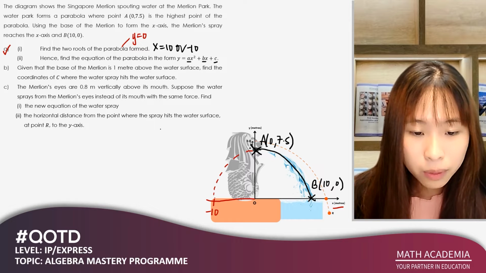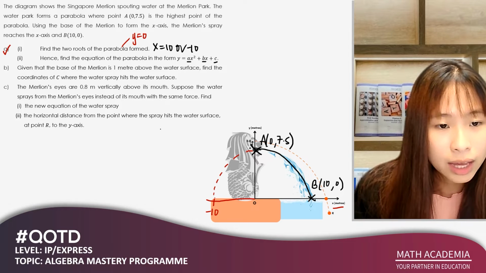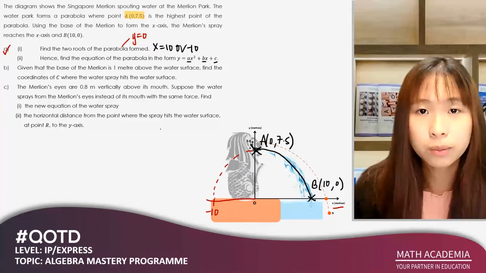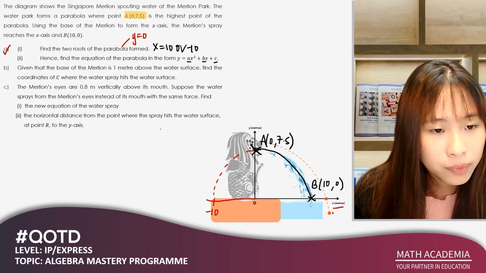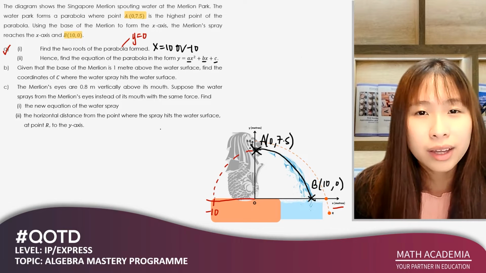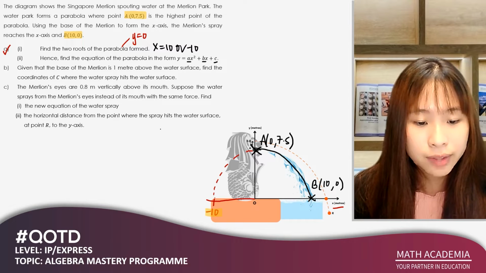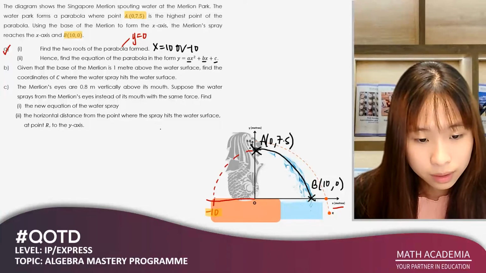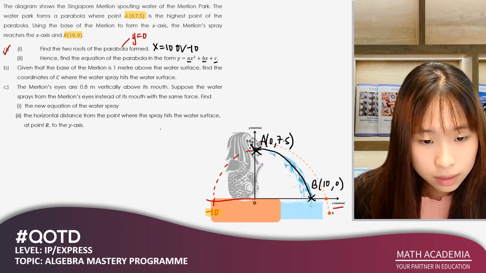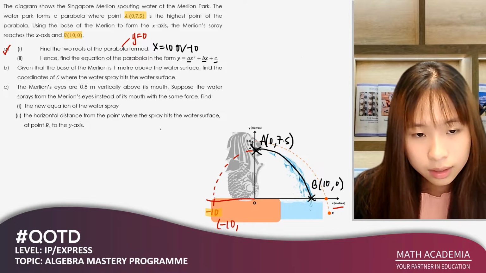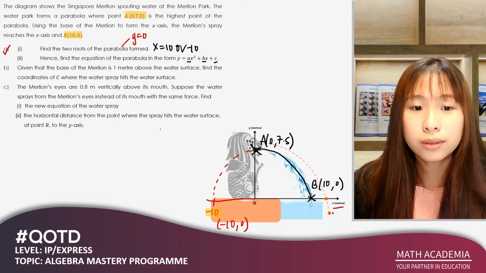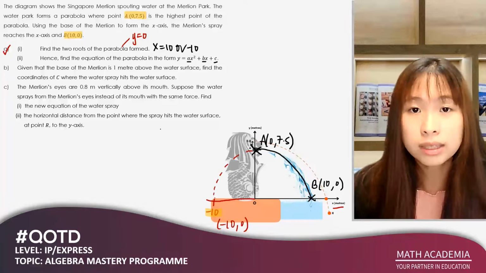Let me label the points for you. A is (0, 7.5). B is (10, 0). And the very last point is what we just found, (-10, 0). To find the three unknowns, we will sub these 3 points into the equation.